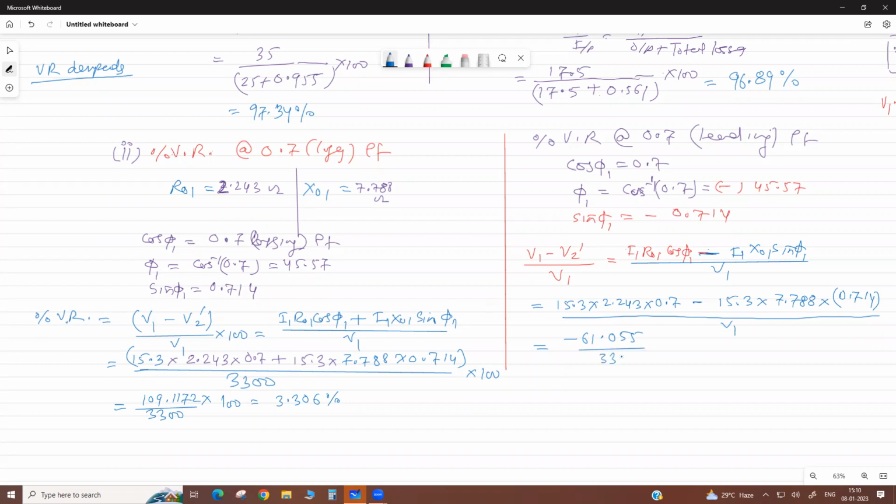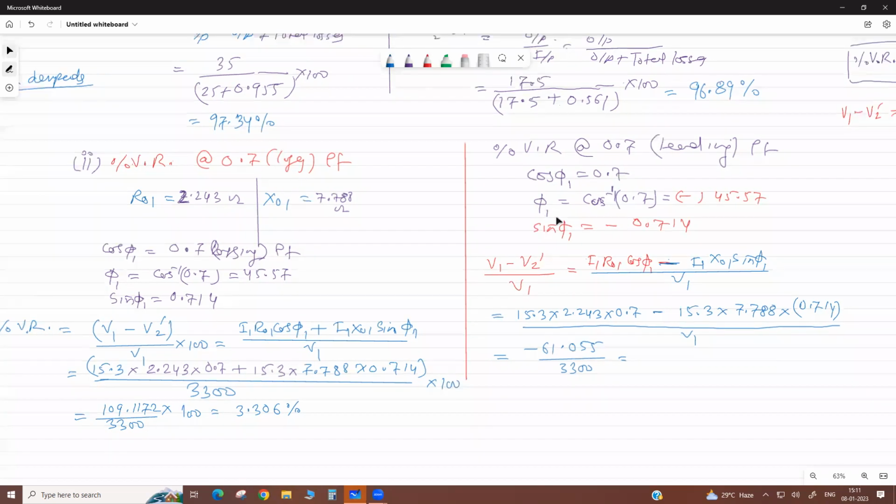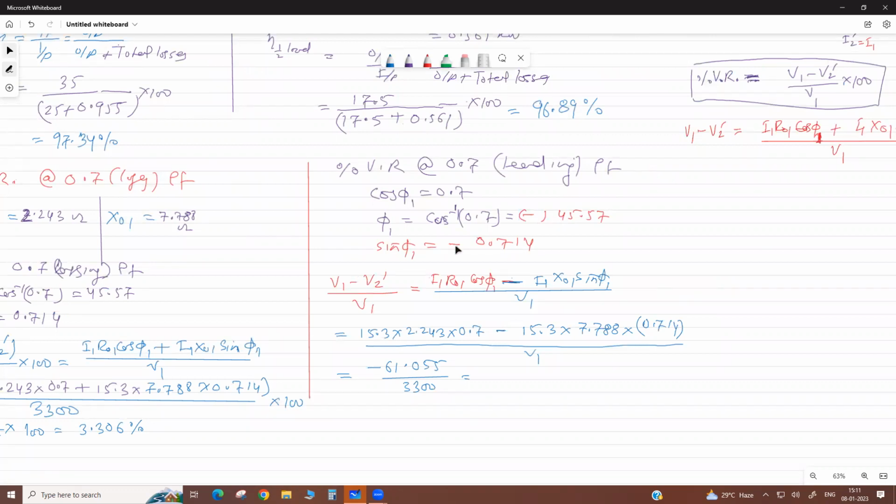Again with respect to V1, divide by 3300. Okay. Sir, sin phi 1 we should take plus or minus? Sin phi 1, sir, plus 0.714 or minus 0.714? It is negative, no?